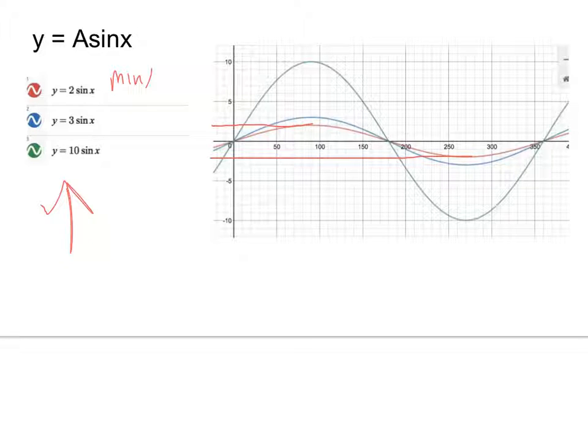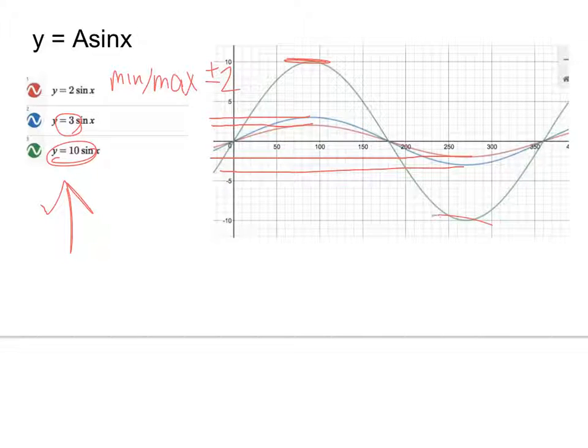So the max is plus or minus 2. Here's 3. So our blue one, we're at 3 and -3. And then our green one, we're up at 10 and down at -10. So that's what A does.